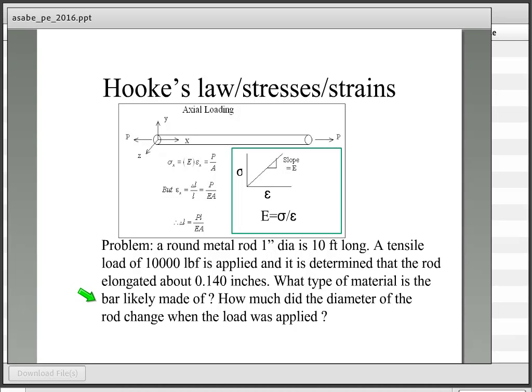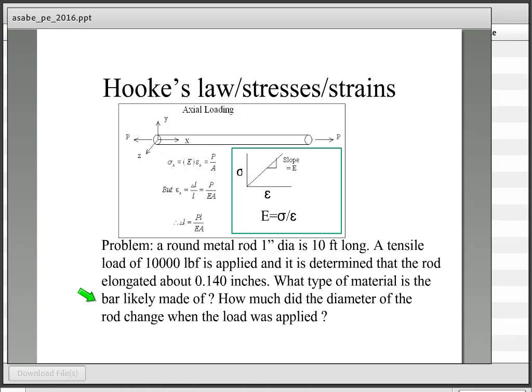So as you think through that, you're going to define the problem. The problem is we need to determine what the material is. What do we know about the material? Each type of material would have a different modulus of elasticity, E. So perhaps that would be our key for determining what kind of material it is.